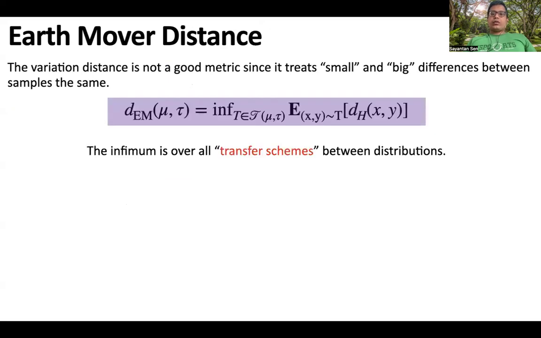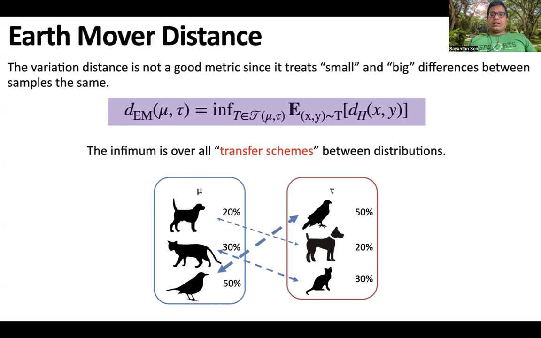For this purpose, we use the notion of earth mover's distance. The earth mover's distance between two distributions mu and tau is the minimum cost across all transfer schemes between the two distributions, where the distance between two strings in the support of the distribution is the normalized Hamming distance. For example, the two distributions in this picture are very far in variation distance, in fact maximally far, but the EMD captures that they are somewhat close to each other.